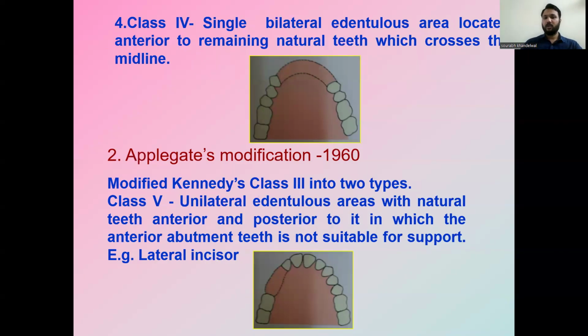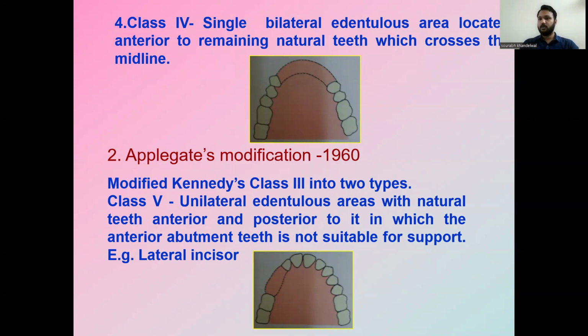So basically Applegate modified Kennedy class 3 into two types depending on the type of abutment. Like if we cannot take support from the abutment, it is class 5.